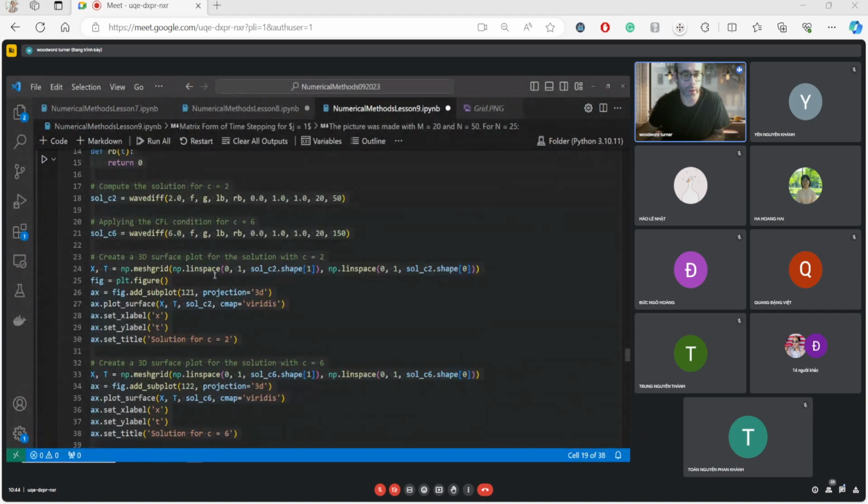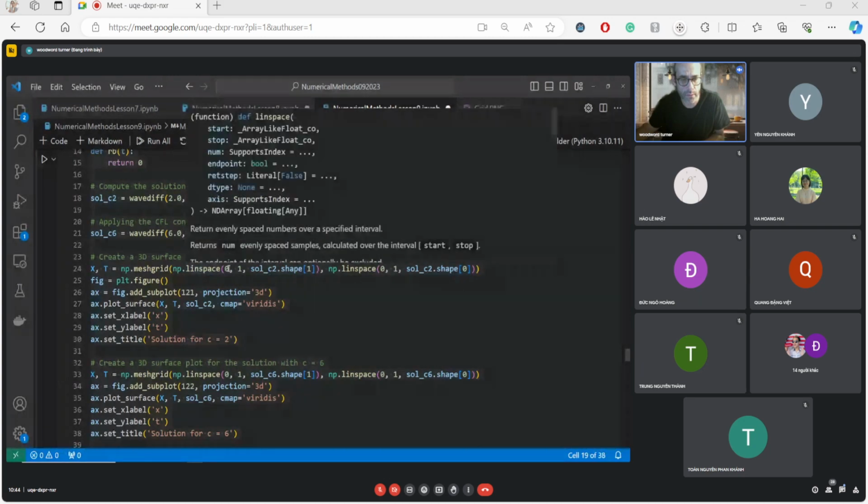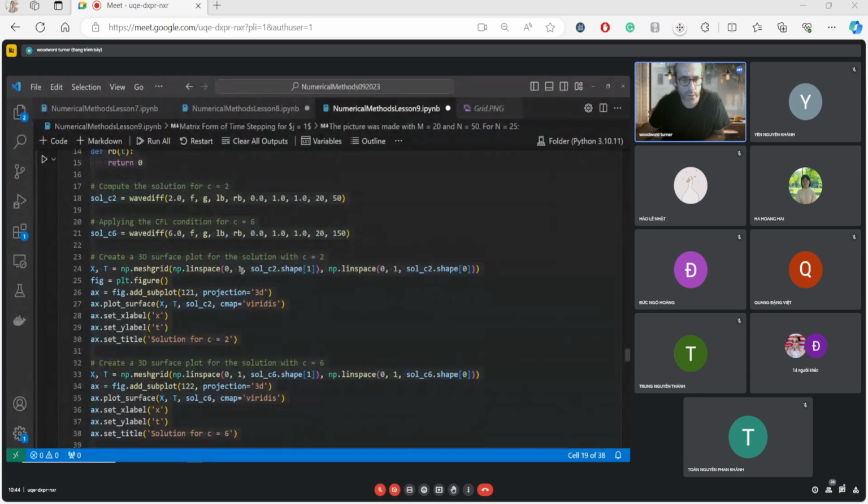We want to find the smallest value of n, so we need to find a k such that this condition holds. I'm not going to substitute in k, because we don't know what k is. So I can make 2 times k divided by 1/20, and I want that to be less than or equal to 1. Simplifying a little bit, I get 2k is less than or equal to 1/20.